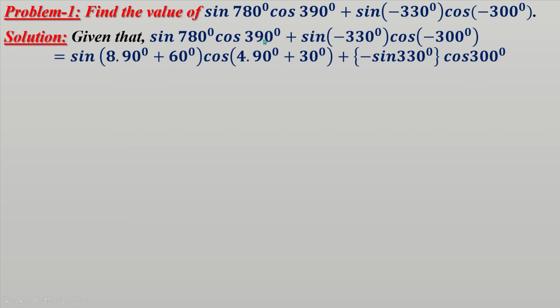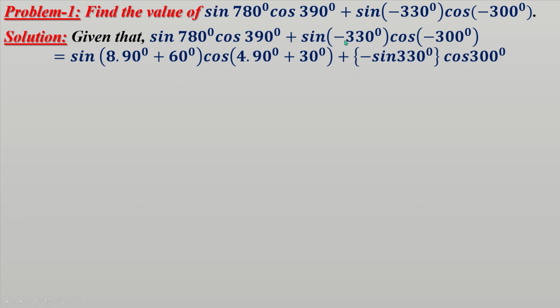Similarly here you can divide this by 90 degree, then you will get 4 point something. You can take 4 here, and for the remaining fraction part, you have to multiply the fraction part by 90 degree and you will get 30 degree. Clear?